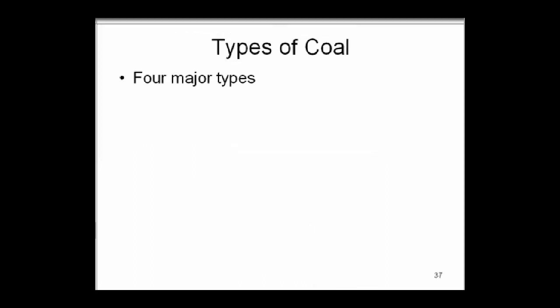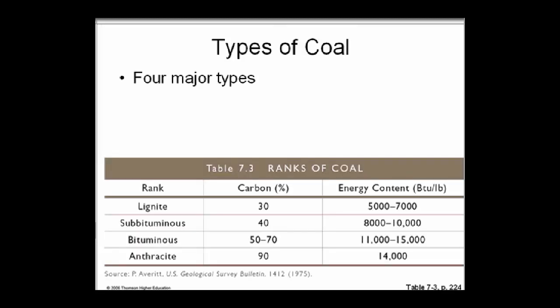There are four major types of coal: lignite, subbituminous, bituminous, and anthracite. And each has slightly different carbon percentages as part of their differentiation. And accordingly, there's a difference in their energy content, or their ability to store energy that can be released during the combustion process.